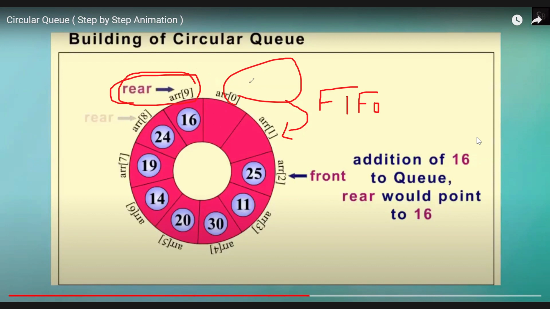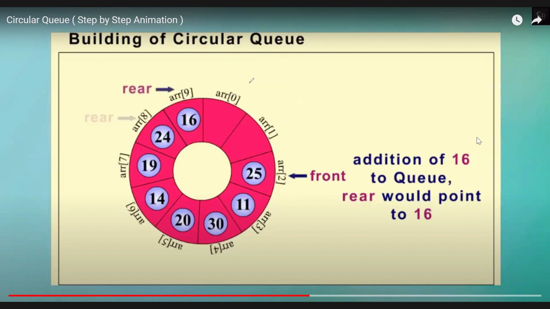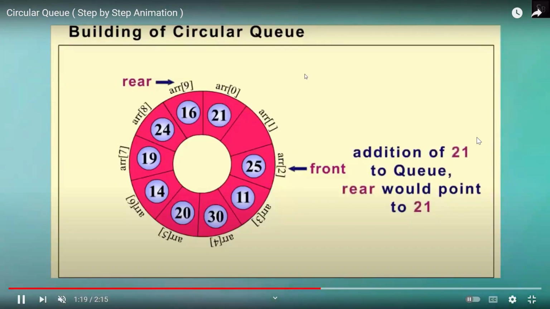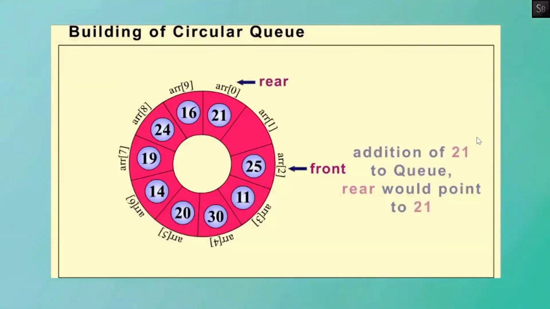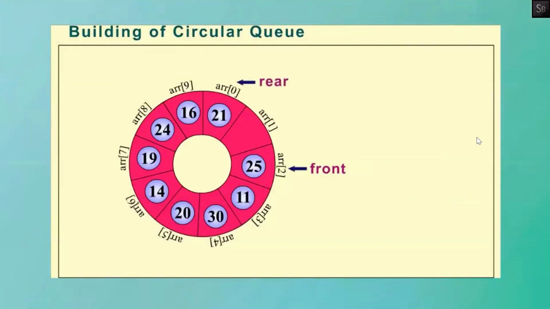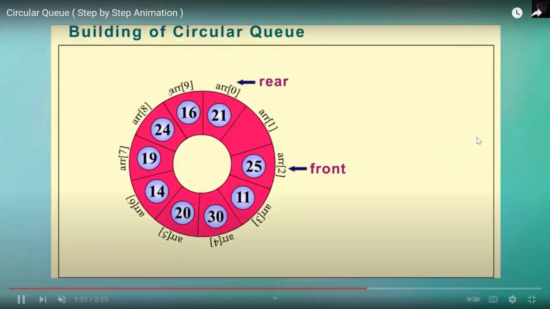So in this case, when I insert, we bring the rear to 0. So at some point of time, we are not increasing the rear, we are just initializing the rear, right? So that is the entire queue.